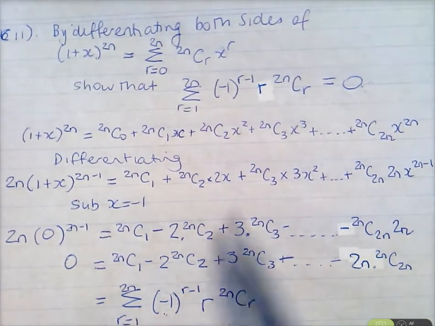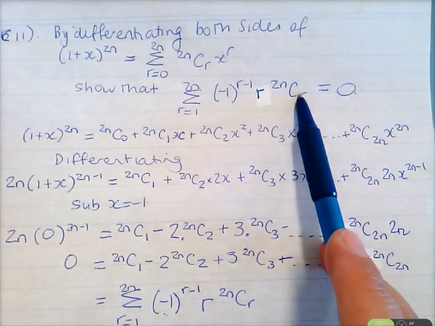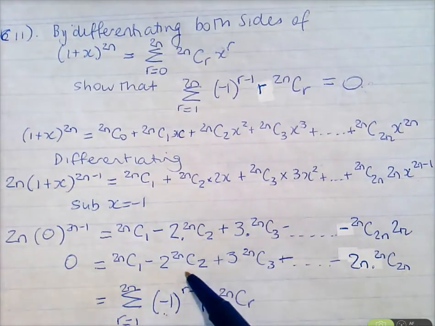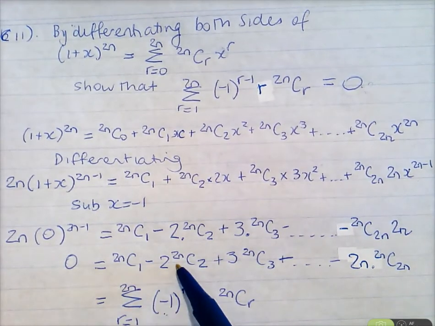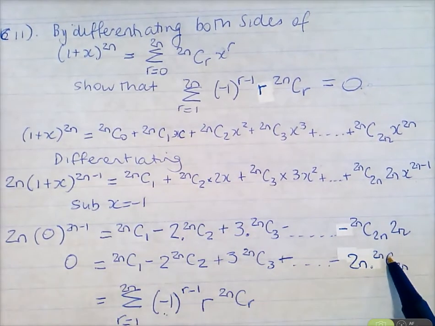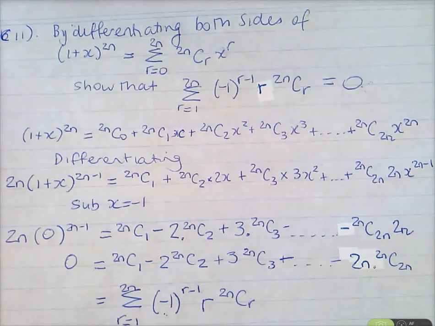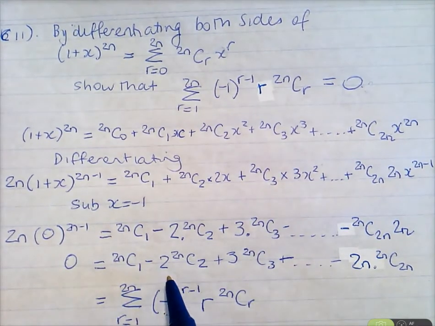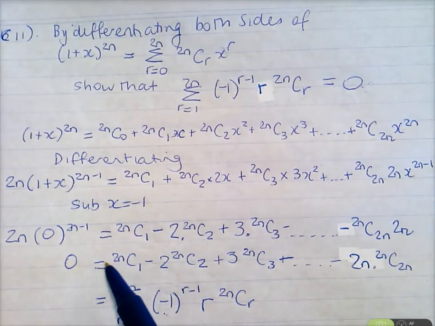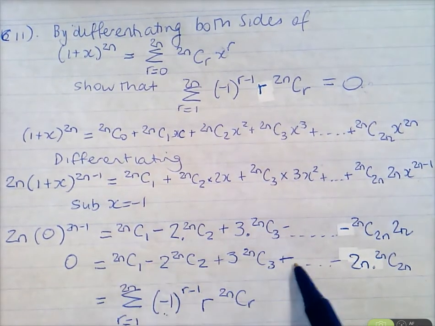So what you do, you look at what they've got there, and you just check, does this fit into that? If I substitute r is 1 and r is 2, yes, it worked for me for the first two. Therefore, this summation is this. The -1 to the r minus 1 is the rotation between plus, minus, plus, minus.